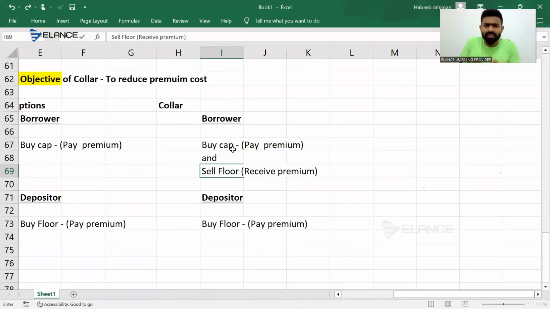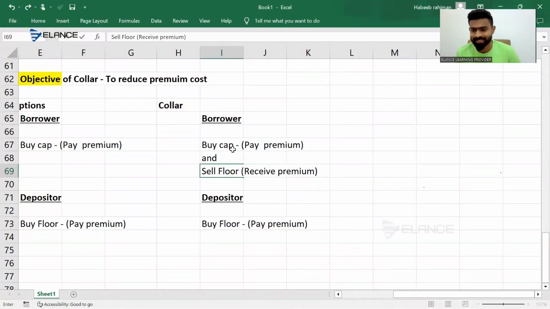Previously you were just buying an option. You were just the buying party. The other party is actually selling the option. Which party will receive premium, the buying party or the selling party?